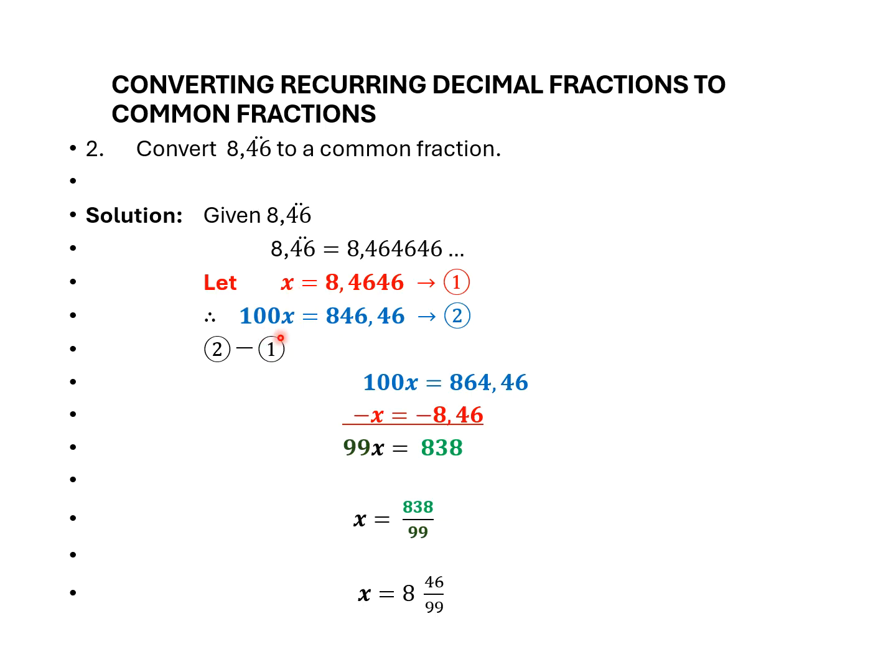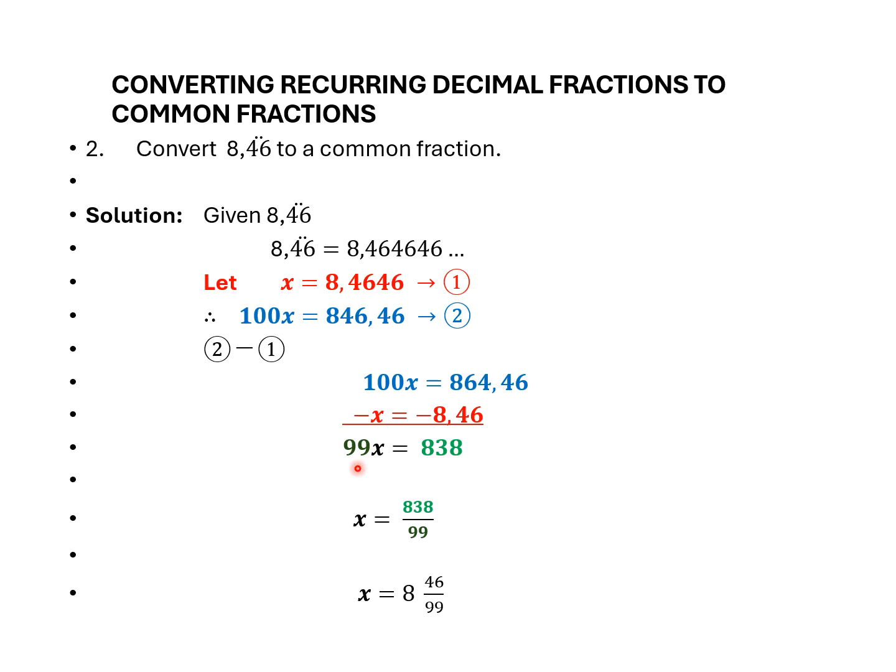If I multiply by 100, it becomes 846,46 recurring, right? So 100x is 846,46 recurring, and x equals 8,46 recurring. If I now subtract 1 from 2, I have 100x minus x, which gives me 99x, and comma 46 and comma 46 cancel. 846 minus 8 gives me 838.